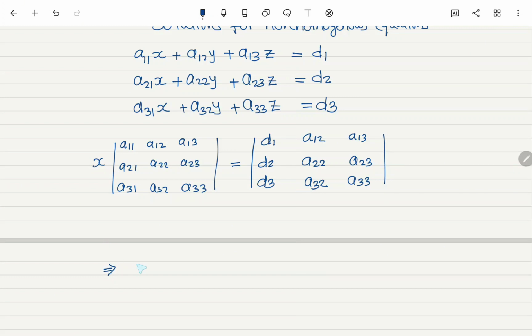Therefore, x times the value of this determinant, which is D in this case, should be equal to the determinant with d1, d2, d3, a12, a22, a32, a13, a23, a33.